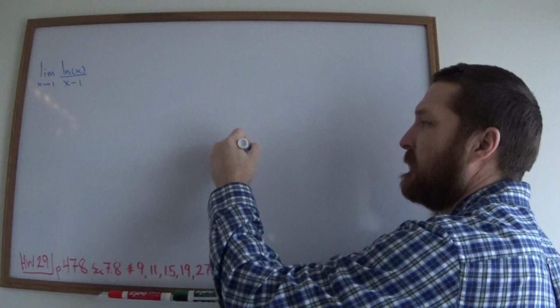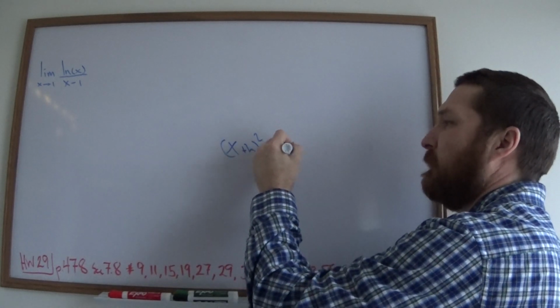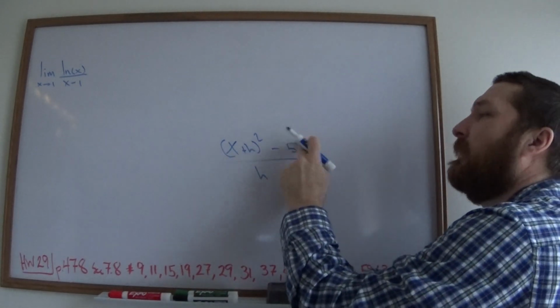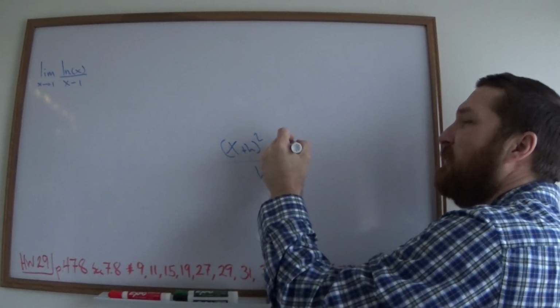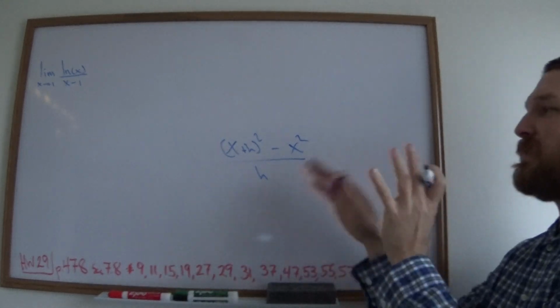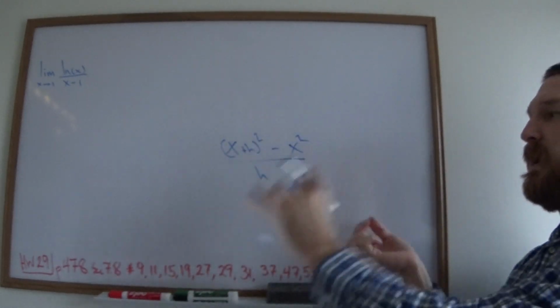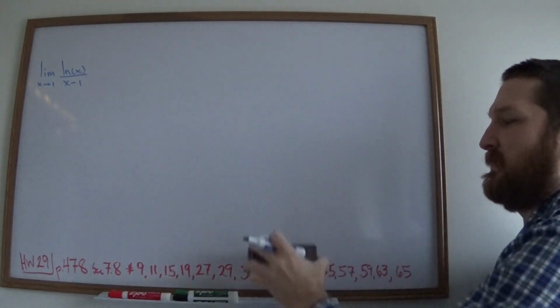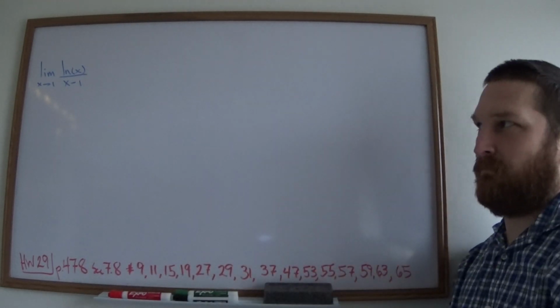What we've done before is we've had something like x plus h squared minus x squared, and then we have an h down here. We factor out an h, and then so on. What do you think we could do with this one to make that go away?